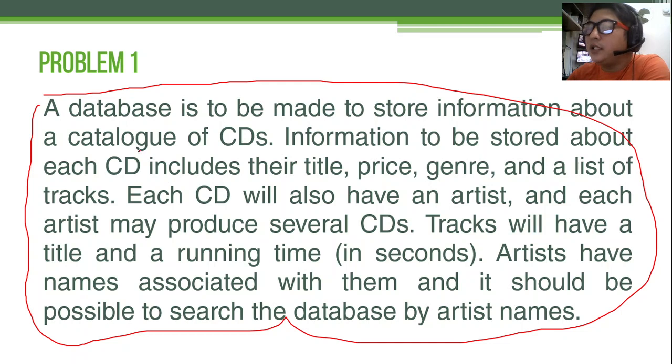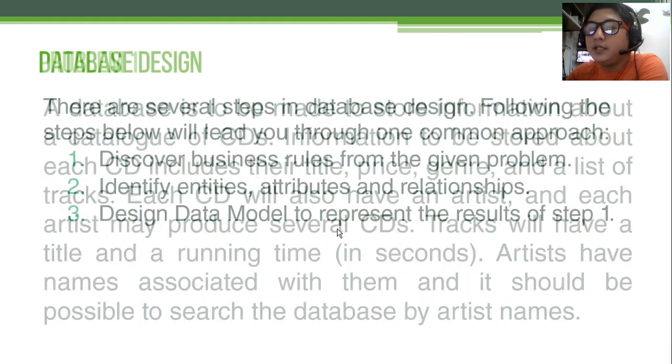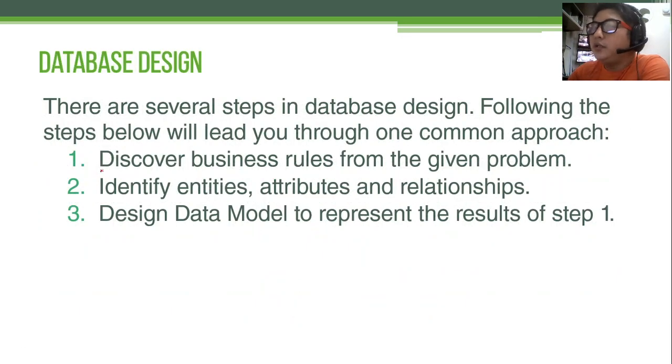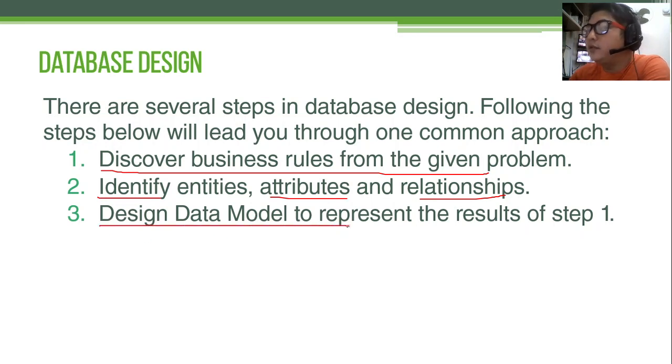After reading and understanding the scenario, you have to identify, number 1, from that statement, the business rules from the given problem. What are the business rules mentioned? Number 2, from business rules, identify entities, attributes, and relationships. And number 3, design a data model that represents the results of steps 1 and 2.